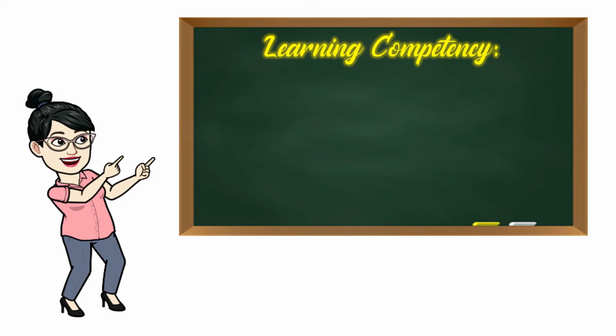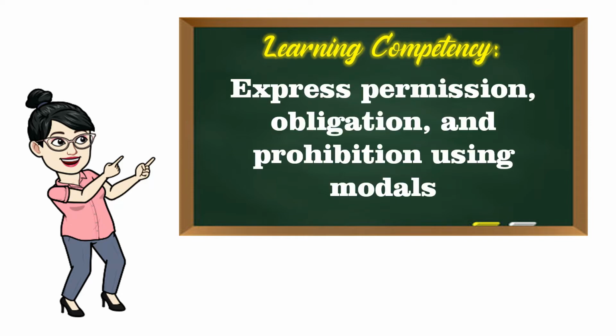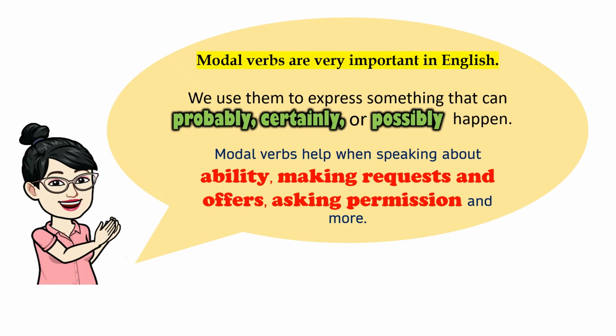Our target most essential learning competency for this video is express permission, obligation, and prohibition using modals. Modal verbs are very important in English. We use them to express something that can probably, certainly, or possibly happen.